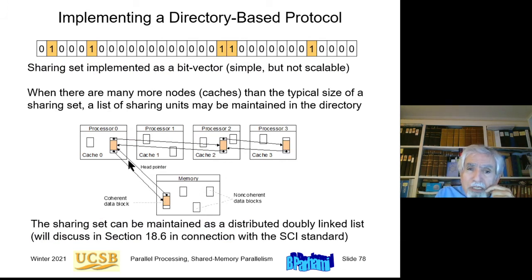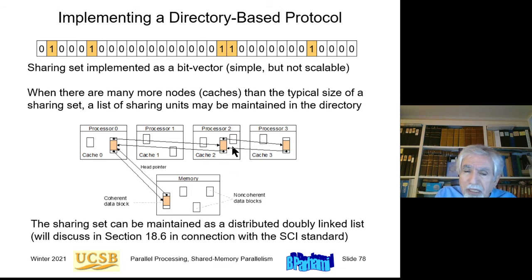And these copies are linked together so that when something happens to this piece of data and we have to invalidate or change the status in those caches, we know where they are. So you follow this link to get to this copy of data, you follow that link to get the second copy, and follow this link to get the third copy.